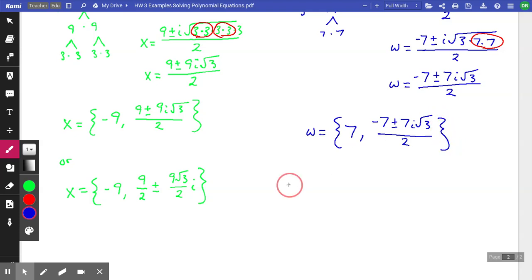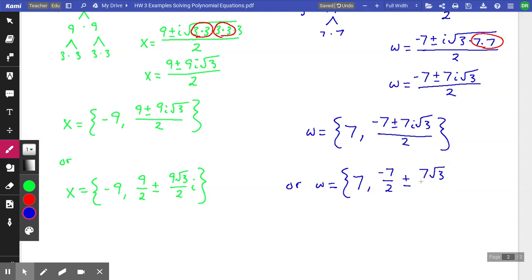And again, if there's that alternate format, the imaginary answer might be broken into 2 components, which is technically how they're defined. Not that it's a big deal. In that case, we'll have 7 and then negative 7 over 2 plus or minus. And then maybe the i is with the 7, maybe it's off to the side.